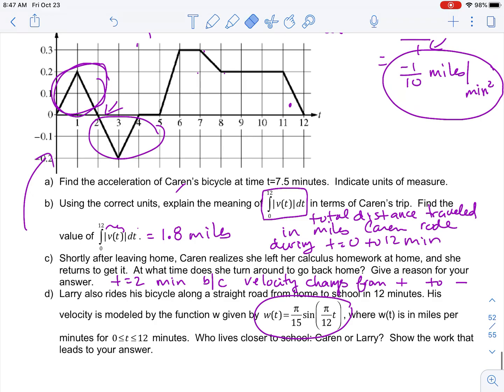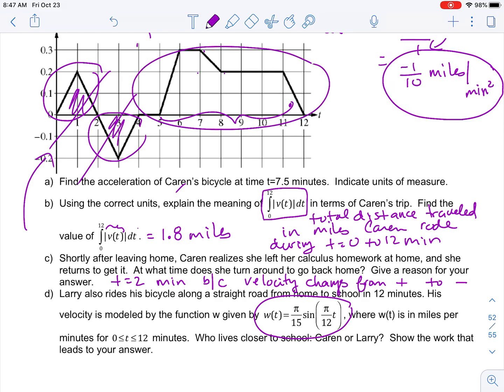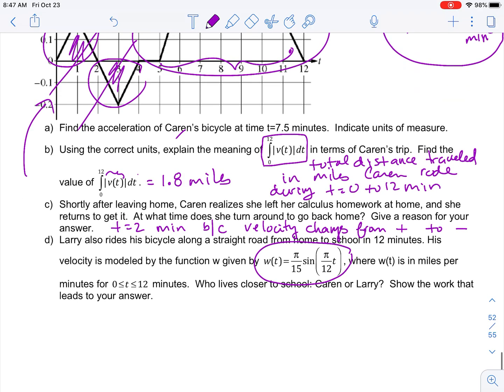So if you think about Karen and her graph, this and this would cancel out because this is her distance traveled forward, this is her distance traveled backwards. So this area here would really represent the distance that Karen lives away from the school.